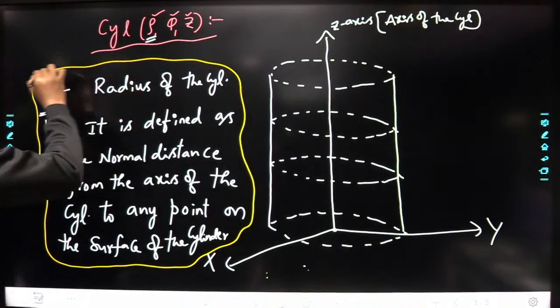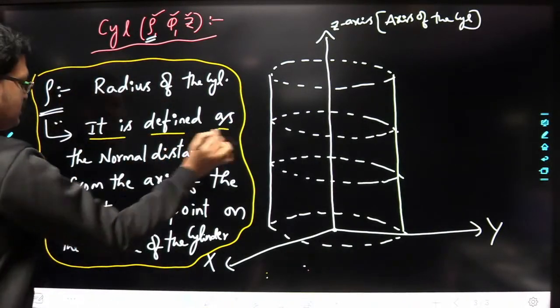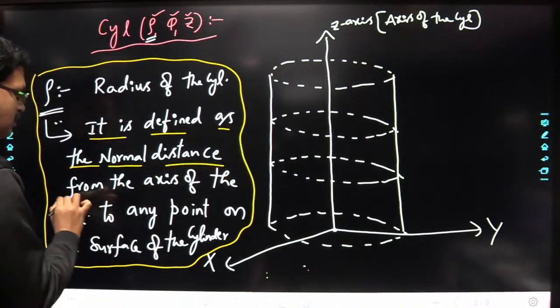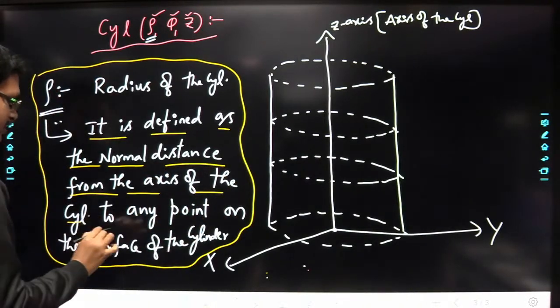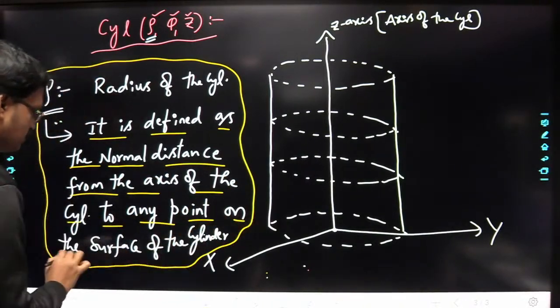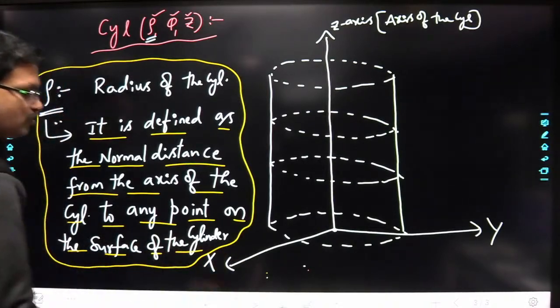How is it defined? It is defined as the normal distance from the axis of the cylinder to any point on the surface of the cylinder. So rho is called the radius of the cylinder, and it is defined as the normal distance from the axis of the cylinder to any point on the surface of the cylinder.